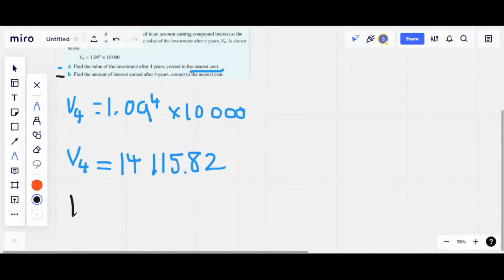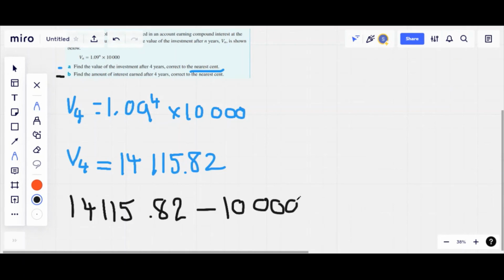So 14,115.82 minus 10,000, our initial value, is equal to, let's just put an I here, I for interest.